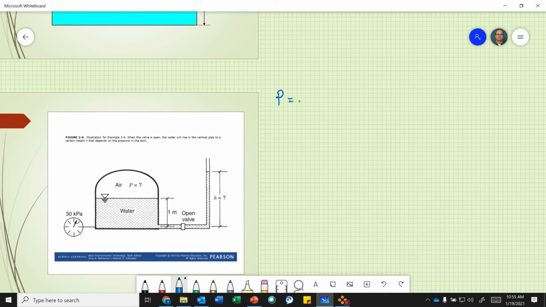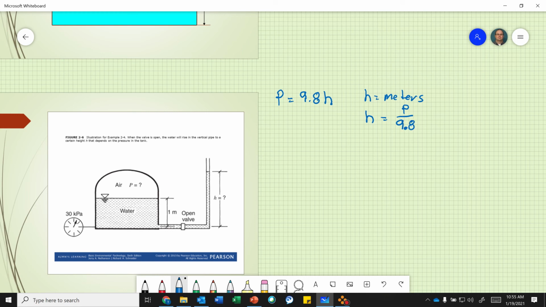So we know P equals, I'm in metric units, so P equals 9.8 times H, where H is in meters, and I know H equals P divided by 9.8.